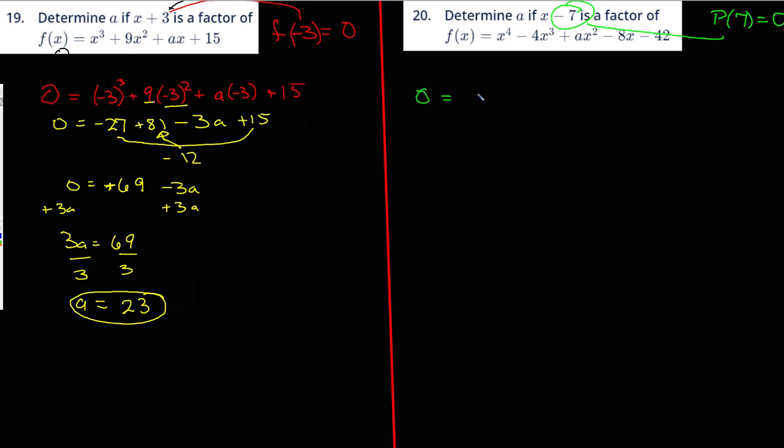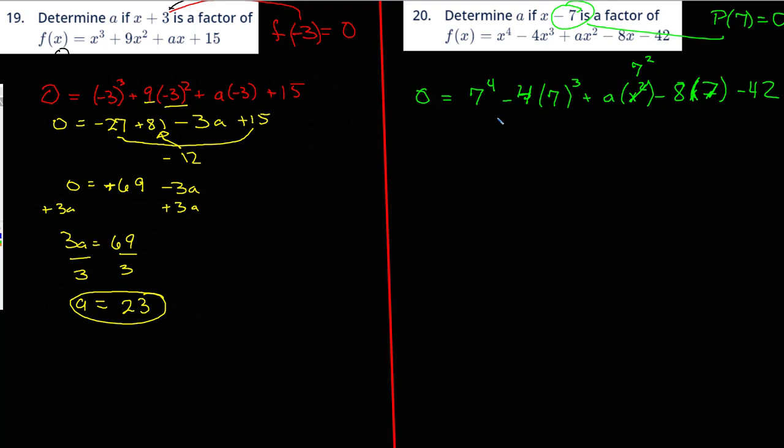So 0 is equal to 7 to the 4th minus 4 times 7 cubed plus a times x squared minus 8x. Oh, and that x squared is going to be 7 squared. 8 times 7 minus 42.